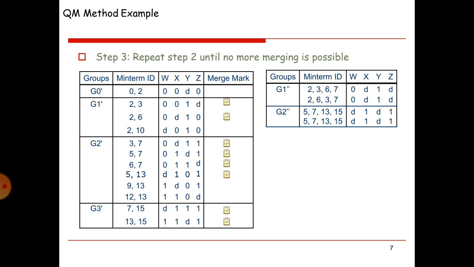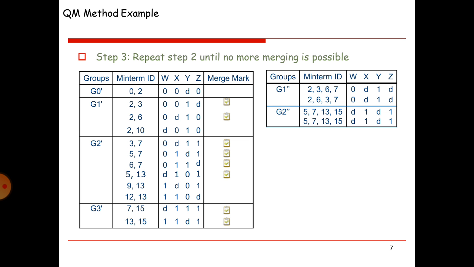So in G1 double dash, we have 2, 3, 6, 7. Only with these min-term IDs do we have similar data. Next is 2, 6, 3, 7.